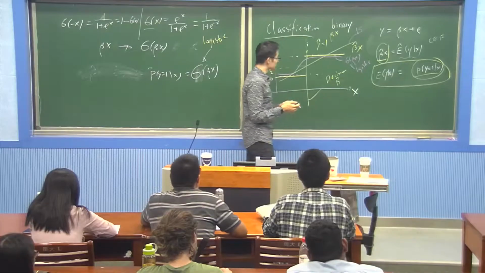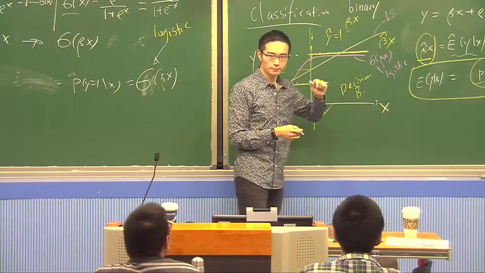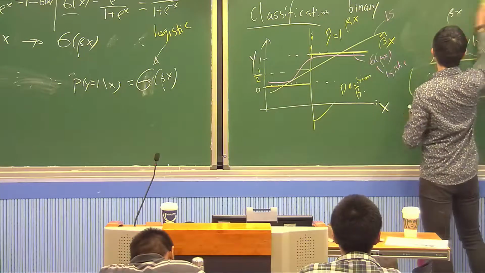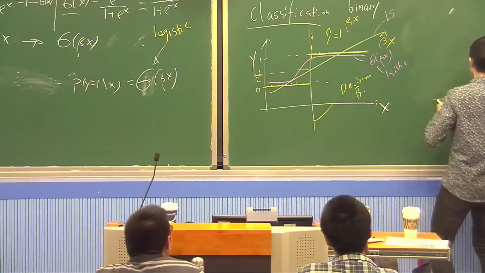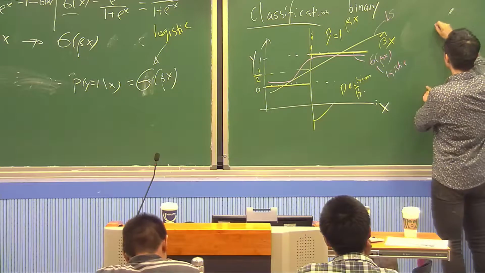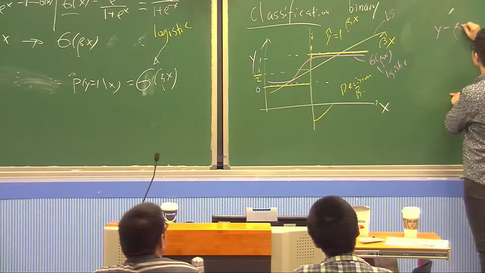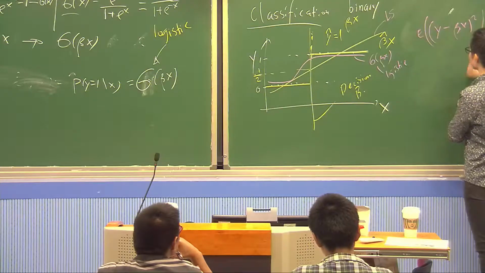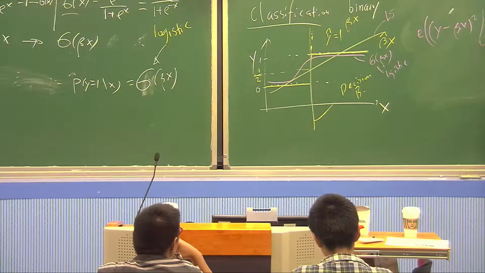All right, so how do we estimate the beta? In linear regression, we estimate beta by minimizing y minus beta x squared. We minimize this on the training sample, because that's the L2 loss function.